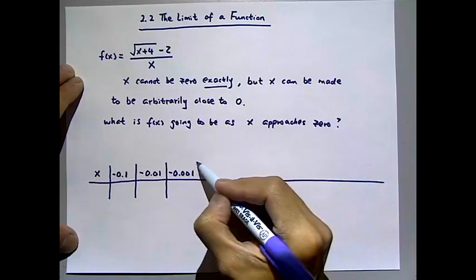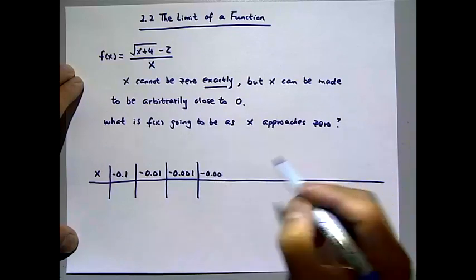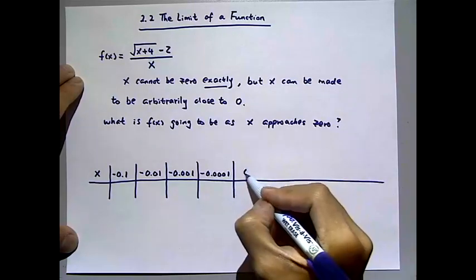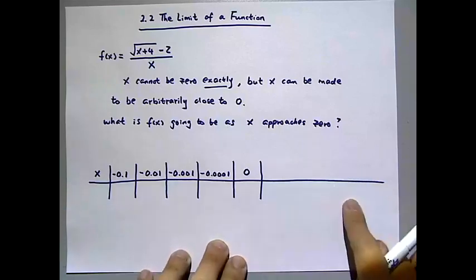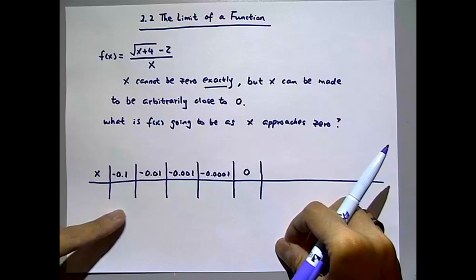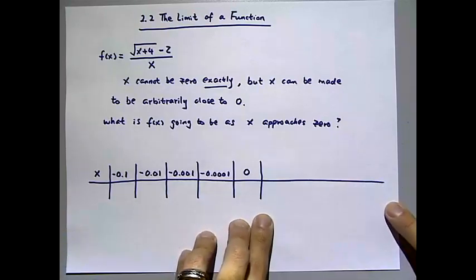These are not random, but numbers of x that I've chosen that are close to 0. And then on the other side, I want to see what's going on as I approach 0 from the right side.